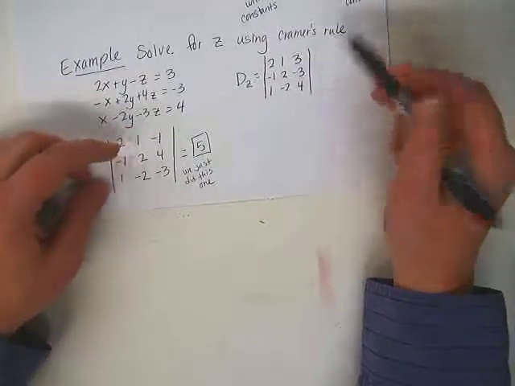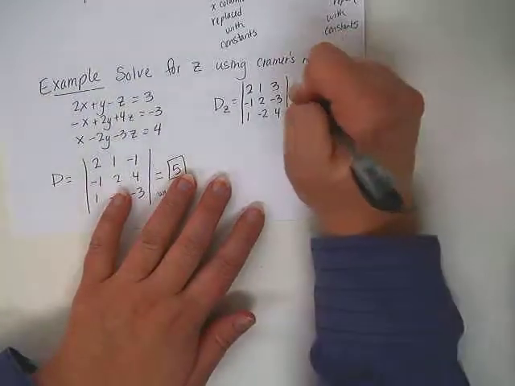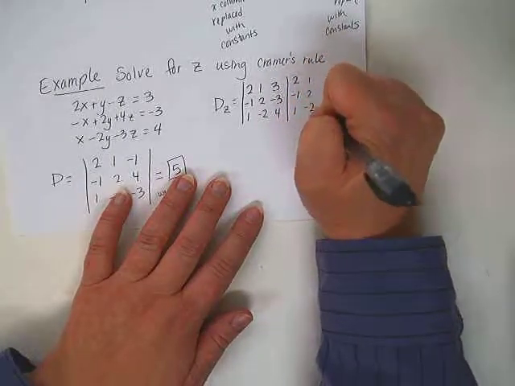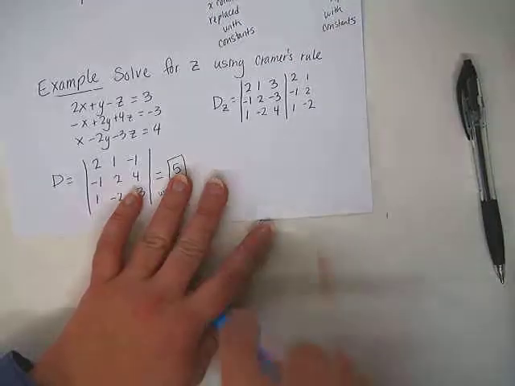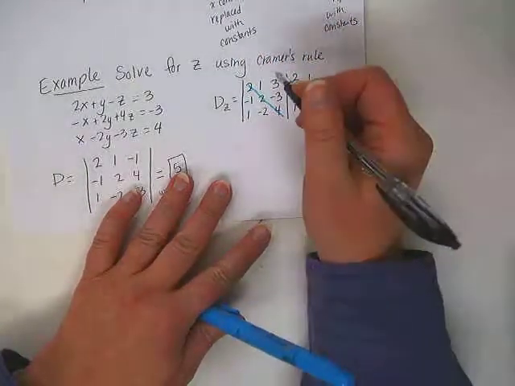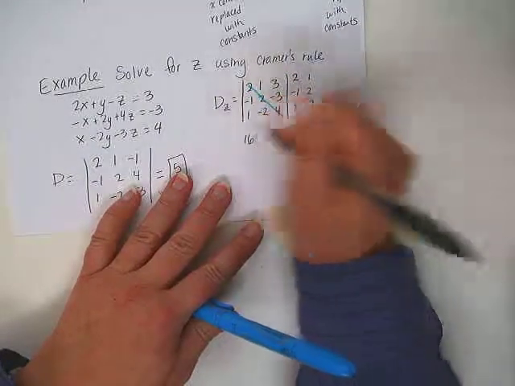Always double check your numbers. It's so easy to make a little mistake with a positive or negative and mess up your entire solution. Okay.